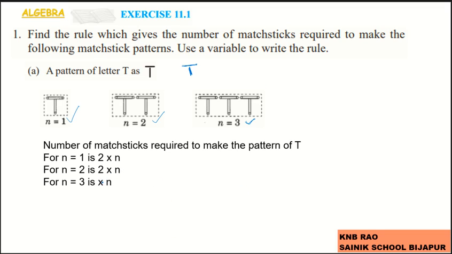Children, now the rule will be 2n, where n represents the number of T's that we are forming.